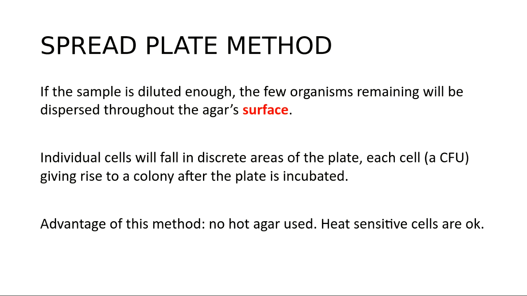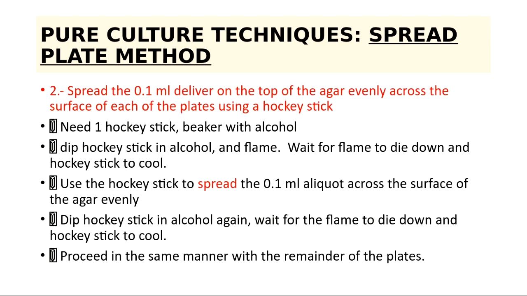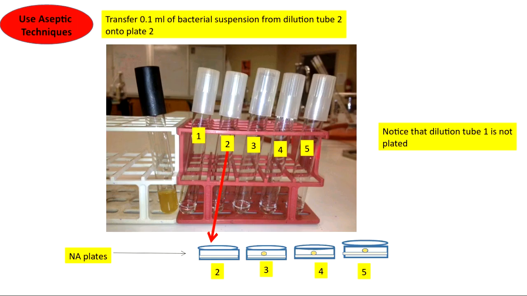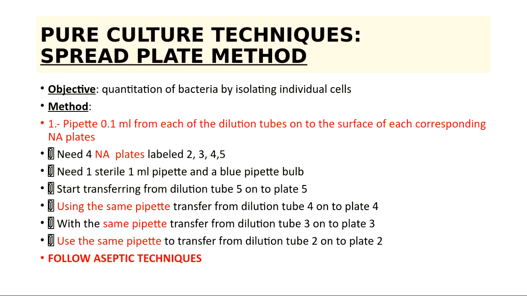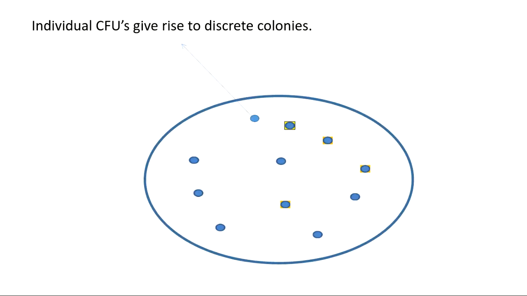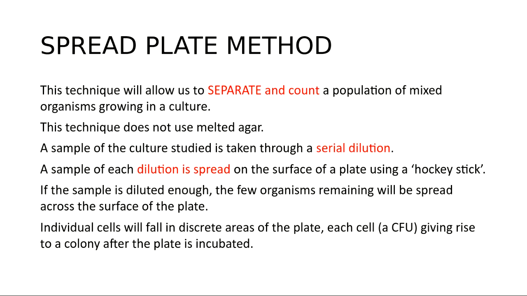All right, now, this is what the pour plate method allows you to do. Now, we do have another method that allows you to do exactly the same thing. It's called the spread plate method. Don't confuse spread, pour, and streak. Okay, a spread is similar to pour.